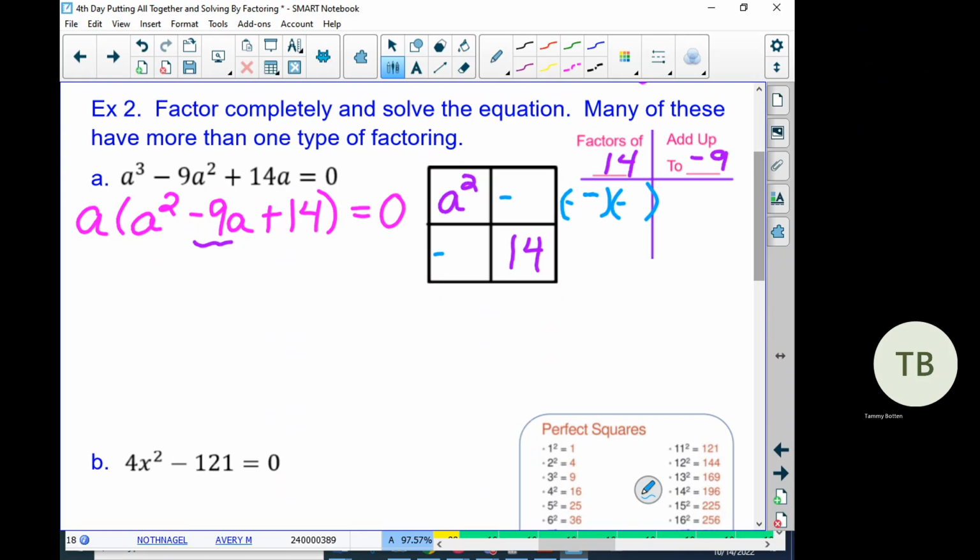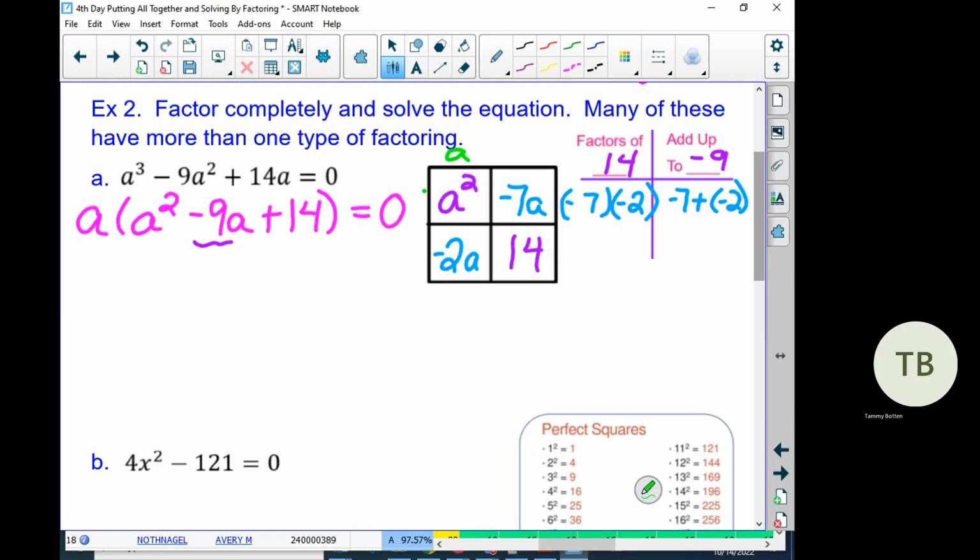Yep, -7 and -2. If you took -7 plus -2, that is -9. So then I take the -7 and put it in one spot with an A, and I put a -2 in the other spot with an A. Where I put those two doesn't matter. Once I get to that point, I think, what times what gives me a squared?